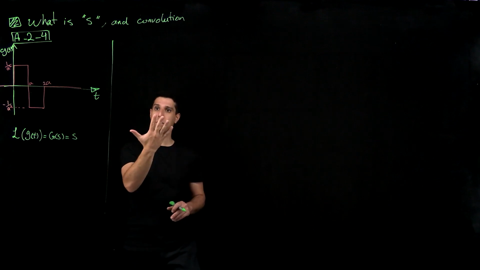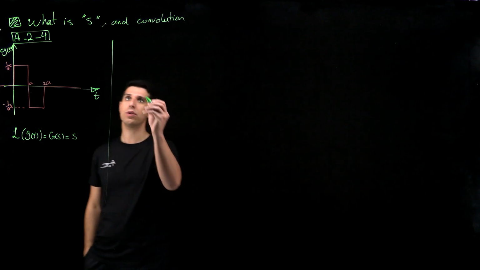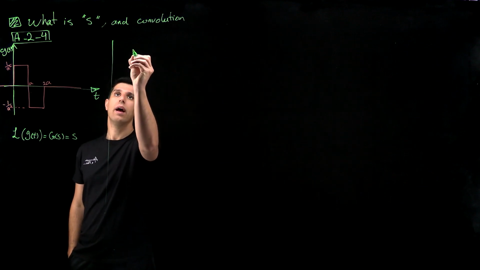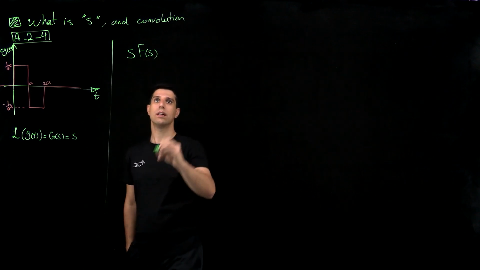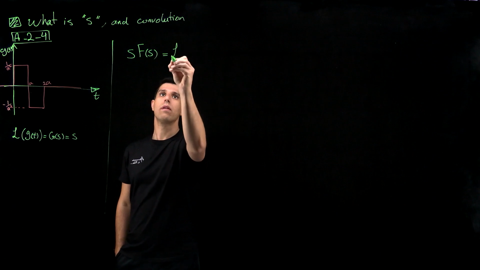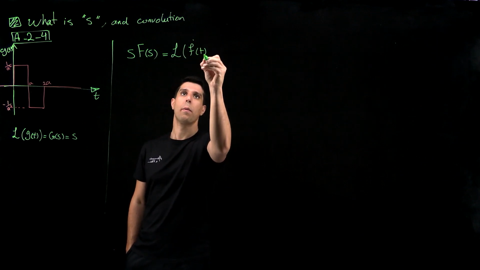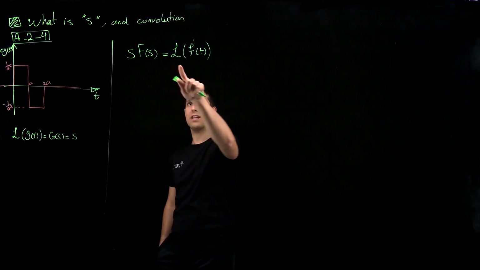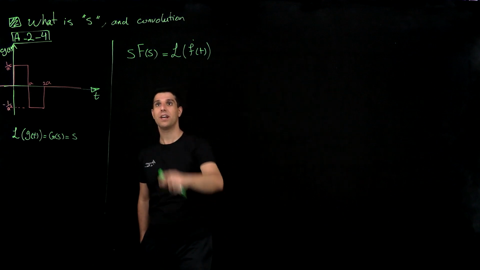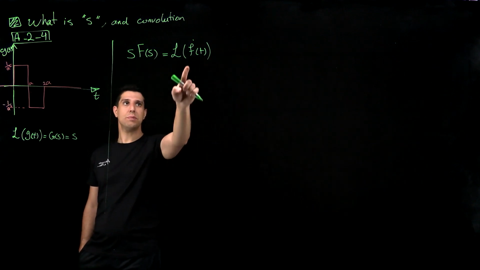I'm just going to flip the two sides of the equation and put it this way: s f of s equals the Laplace transform of f dot. Usually we write the Laplace transform of f dot equals s f of s, but I started the other way around. So what does this mean?